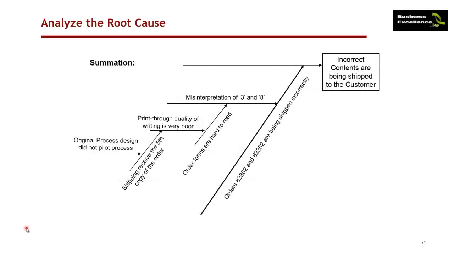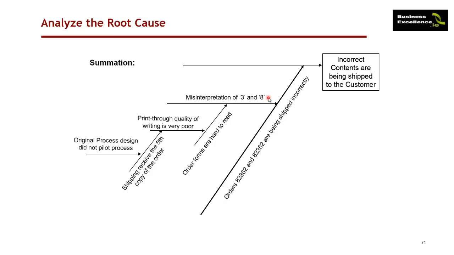If we wanted to show that data as a cause and effect diagram, it would look like the following. Incorrect contents are being shipped to the customer. This is being caused specifically because orders 82862 and 82362 are being shipped incorrectly.